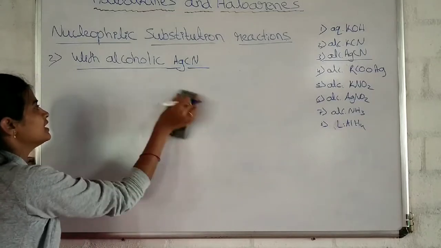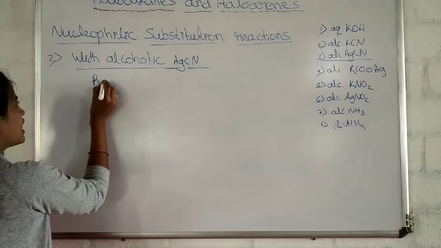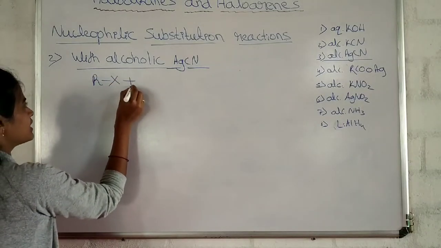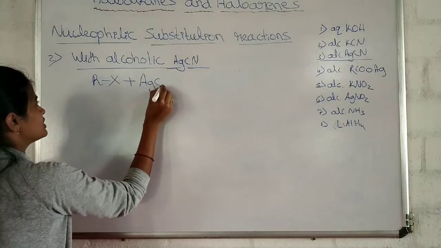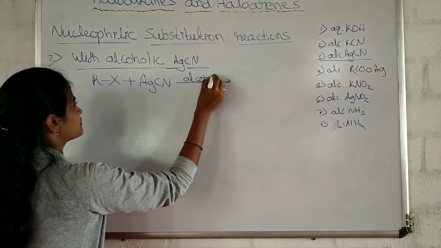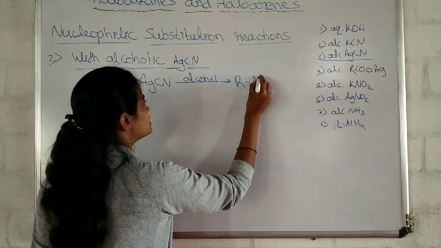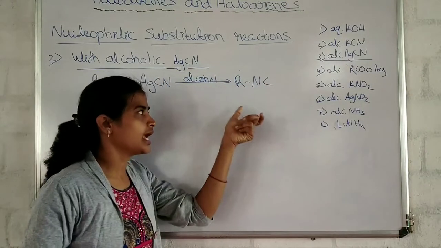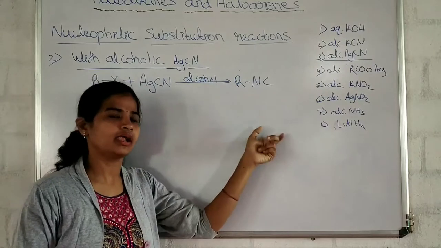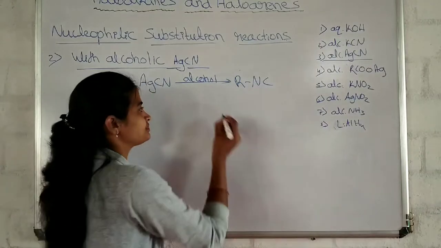Let me write the general reaction. Generally, RX, alkyl halide, is treated with alcoholic silver cyanide. What is formed? RCN means what? Cyanide. RNC means what? Isocyanide.